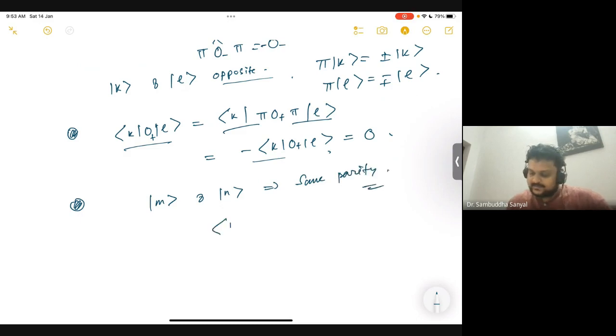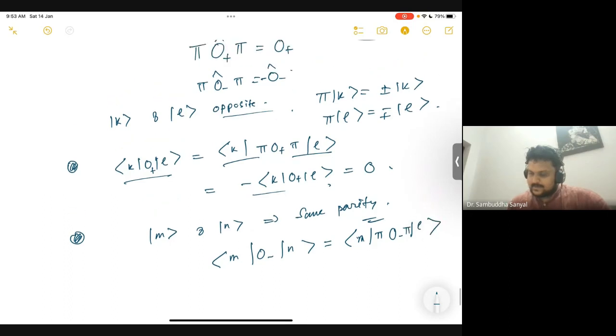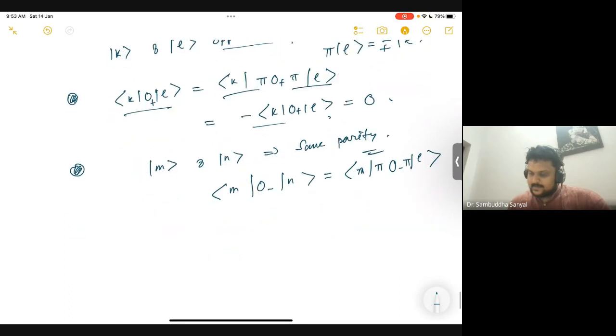If they are of the same parity, then now this is minus, so this is again minus M pi O minus pi L. Sorry, pi O minus L. So that is equal to 0.